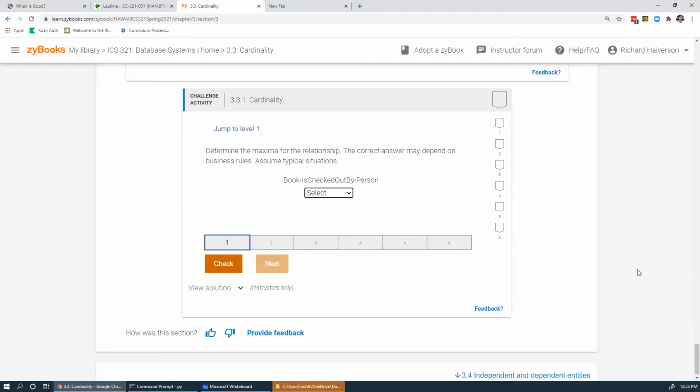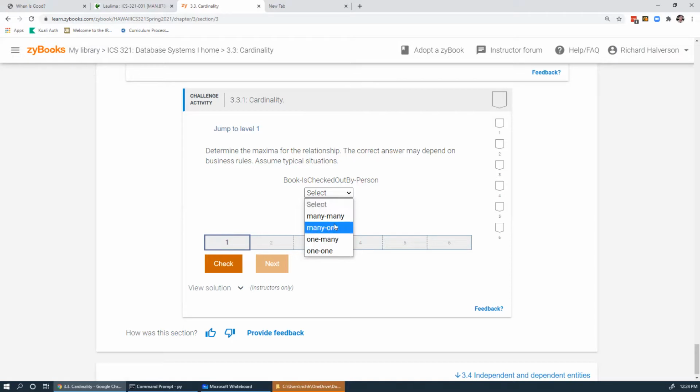Book is checked out by person. A book can be checked out by, a book does not have to, many books can be checked out by many books, one person.